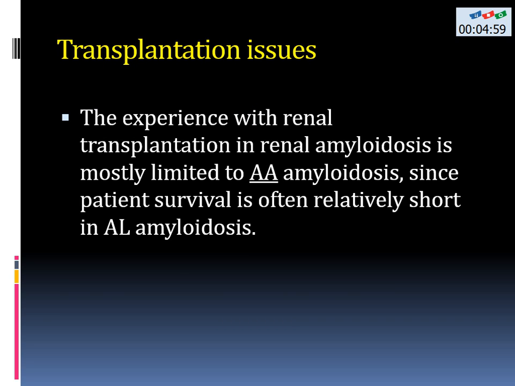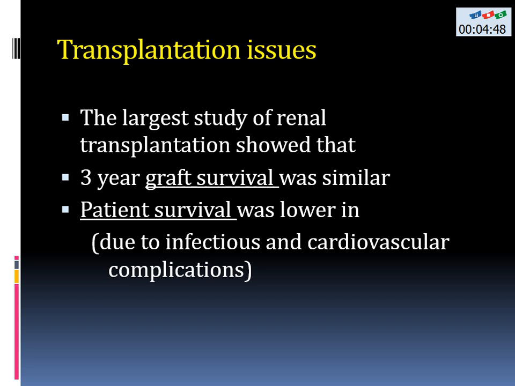The experience with renal transplantation and renal amyloidosis is mostly limited to AA amyloidosis. AL amyloidosis patients die very early, and we don't have a lot of experience with their transplantation. The largest study of renal transplantation showed that the 3-year graft survival was similar between those patients and other patients undergoing transplantation for different reasons.